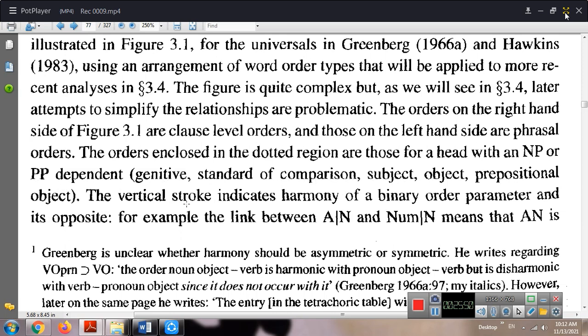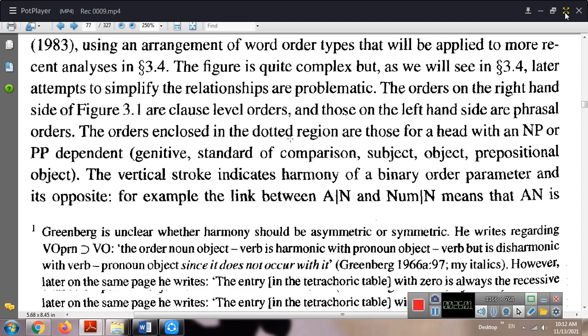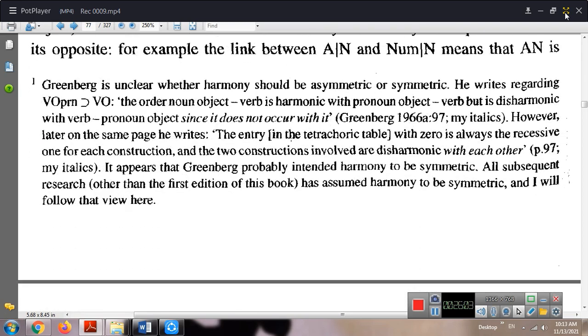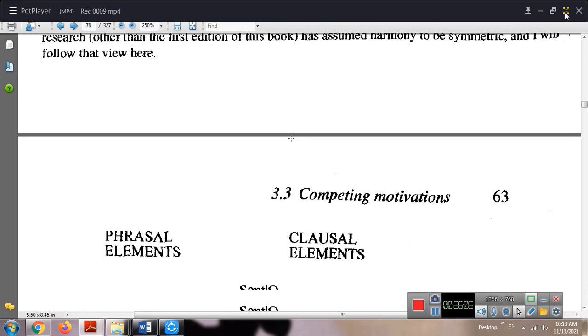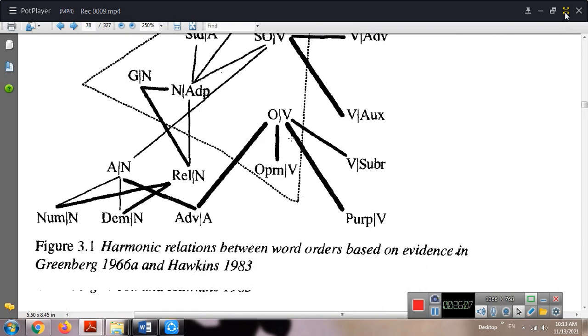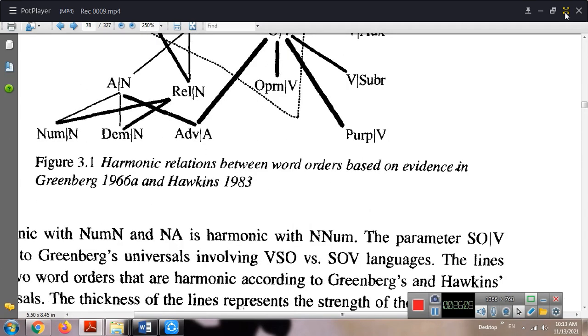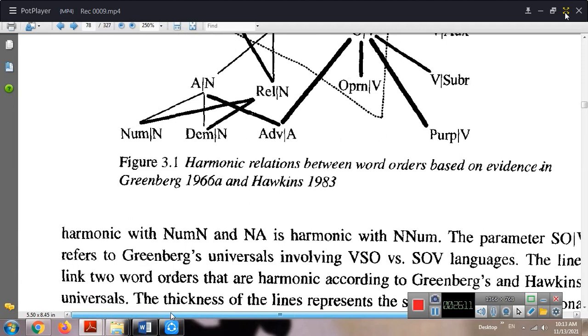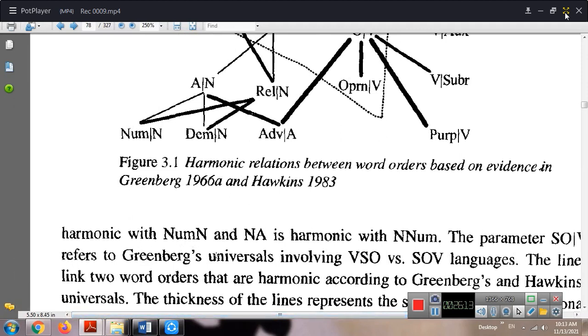The vertical stroke indicates harmony of a binary order parameter and its opposite. For example, the link between AN and number unknown means that AN is harmonic with number noun, and noun adjective is harmonic with noun number.